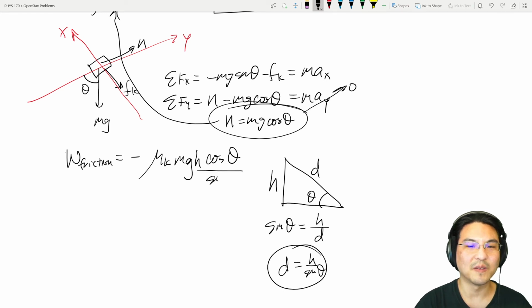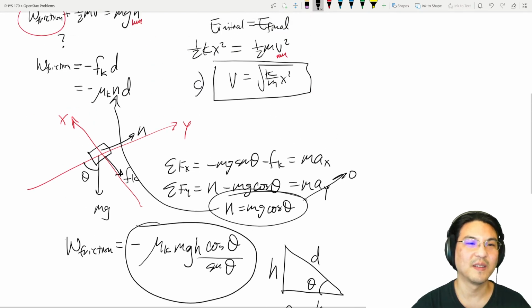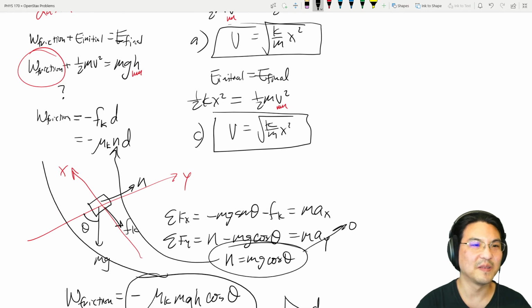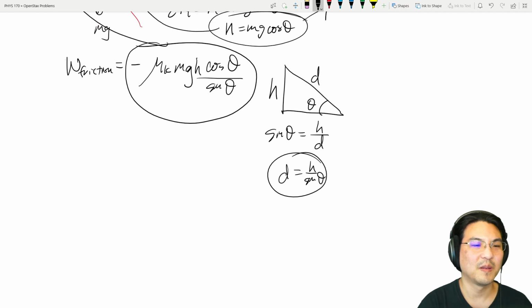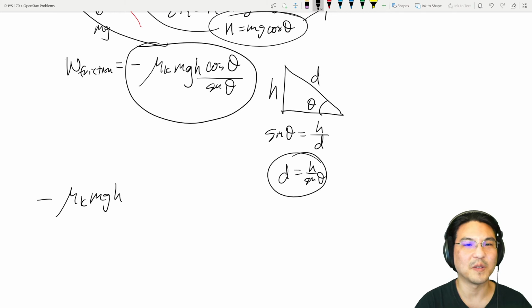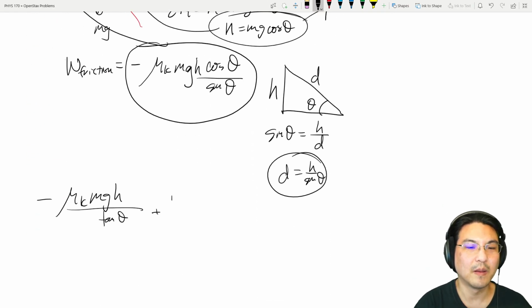So this goes here. So let me write that. Cosine over sine, I'll just write over tangent. And then the rest of it, 1/2 mv squared, mgh, this is the final height.